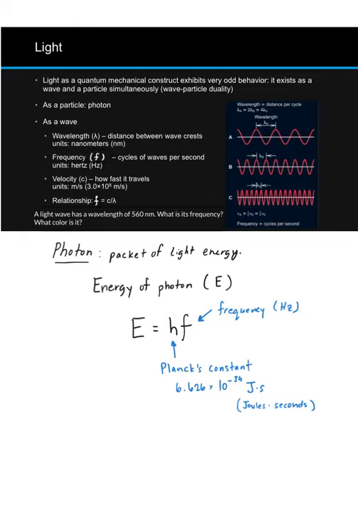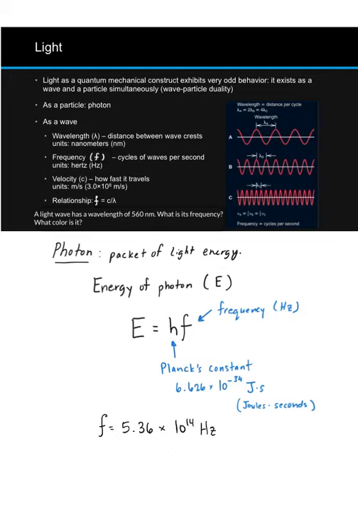To calculate the energy of a light wave, or the energy that it packs, we need to know the frequency of that light wave. So let's calculate the energy of the light wave that had a wavelength of 560 nanometers. A few moments ago, we found that that wave had a frequency equal to 5.36 times 10 to the 14 hertz.